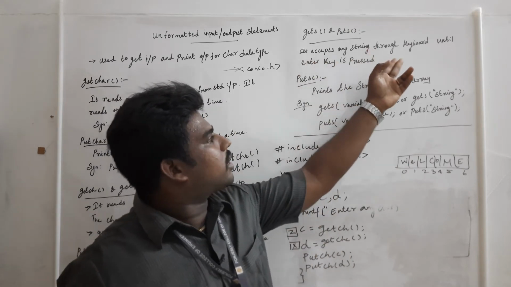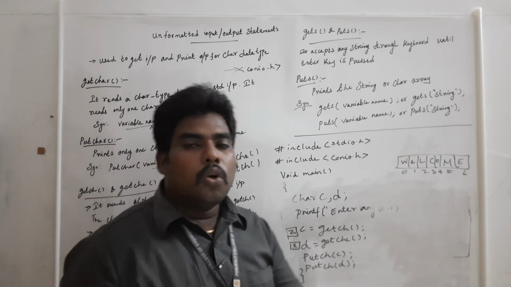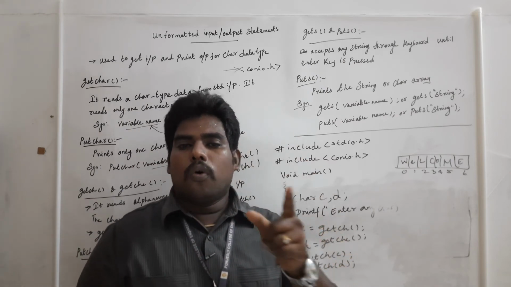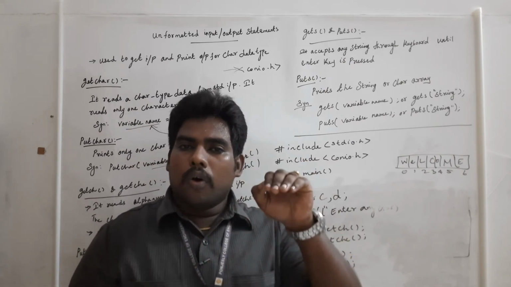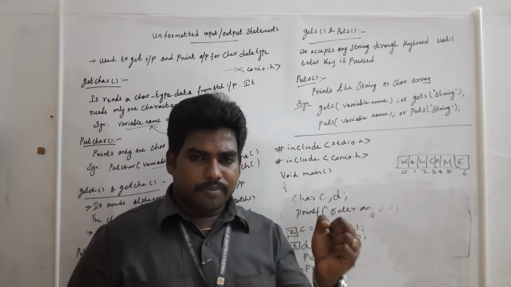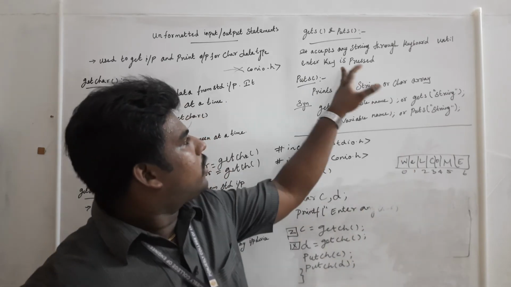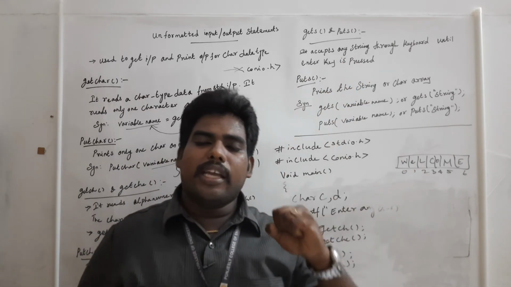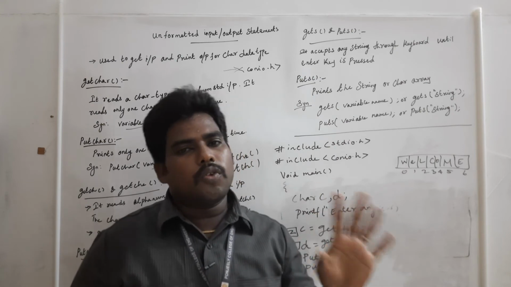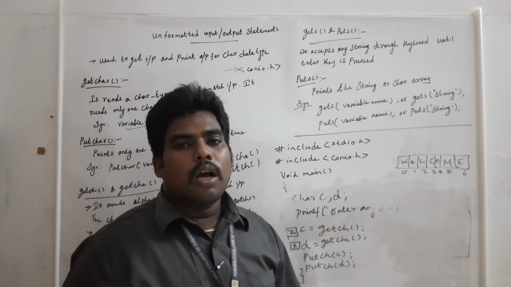It accepts any string through the keyboard until the enter key is pressed. While you are using scanf, once you press the space, that will stop the input of the string. But here space is also allowed. Once you press the enter key, the input will be stopped. Till that it will work. puts means prints the string or character array.